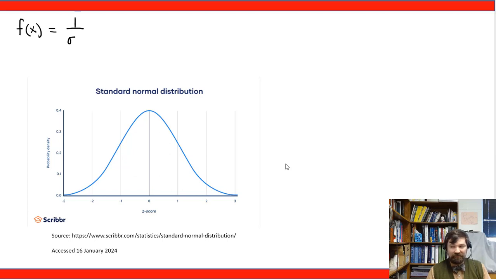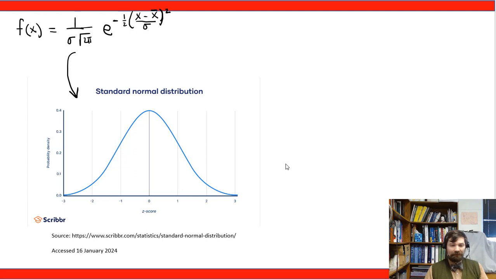So that has the form f of x is equal to 1 over sigma root 2 pi times e to the minus 1/2 of x minus mean value of x over sigma quantity squared.